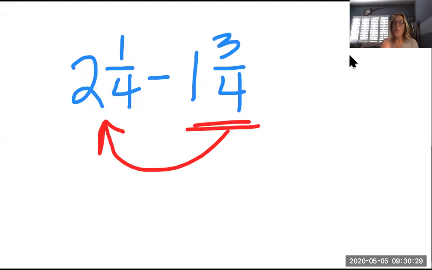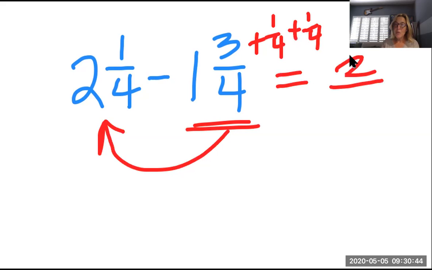So 1 3/4, if we were to increase that by a fourth, that would take us to 2. And then to get to 2 1/4, we would still need another 1/4. So the difference between these is 2/4, which is equivalent to 1/2.